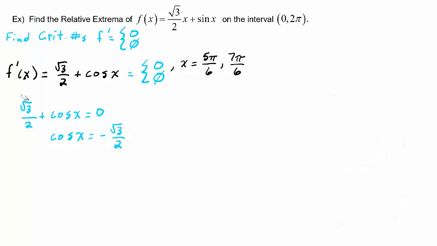And the derivative will be DNE exactly never, because cosine of x exists everywhere. So this will never happen. So then that means we have these two critical numbers.